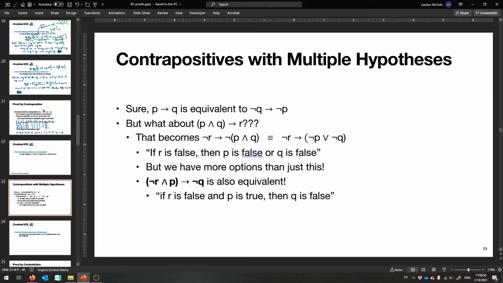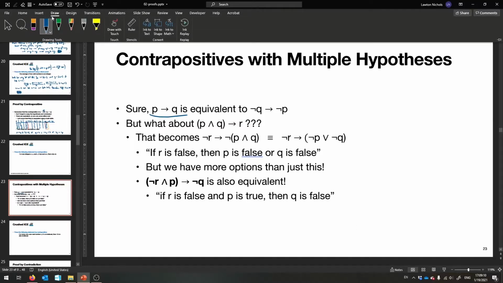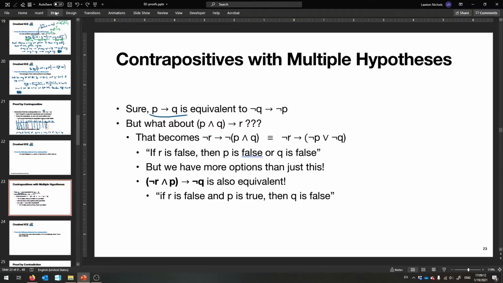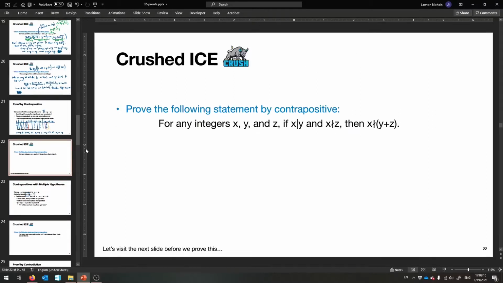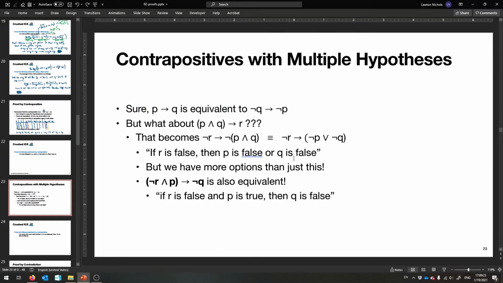Okay, so let's talk about contrapositives when you have multiple hypotheses. Sure, you got your P implies Q, that's equivalent to not Q implies not P. That's fine. But what if you have multiple hypotheses? And here you totally do. It's like if P and Q, then R. So what do you do here?